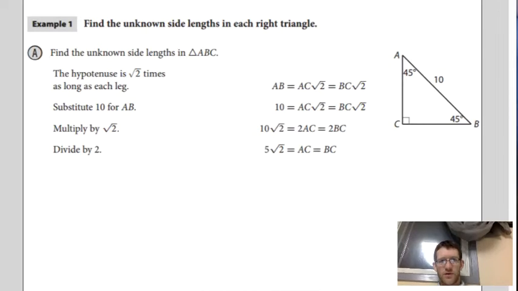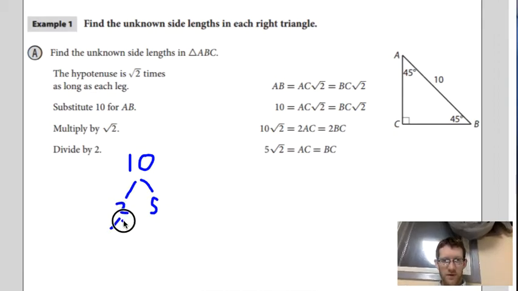And this is actually pretty tricky if you're not very good at working with square roots. So let me factor this 10 real quick. 10 we can factor into 2 times 5. But we can factor this 2 even further if you think about it. What two numbers multiply together to give 2?